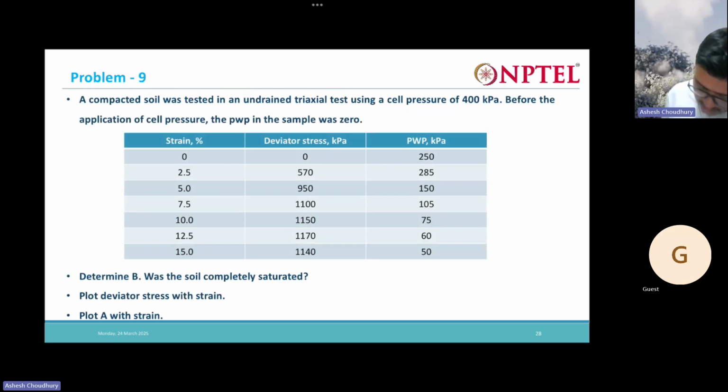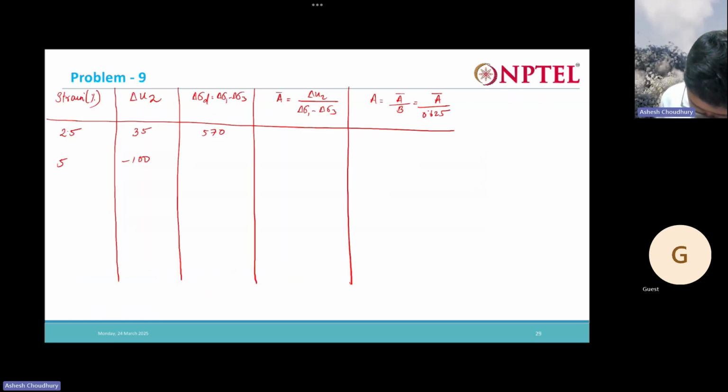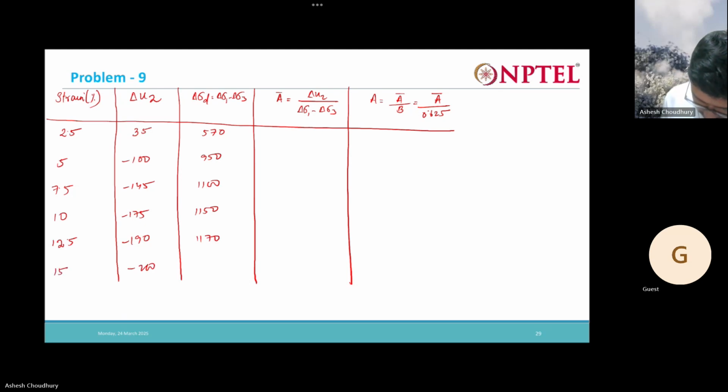And deviator stress is already given, so I am directly writing those values.